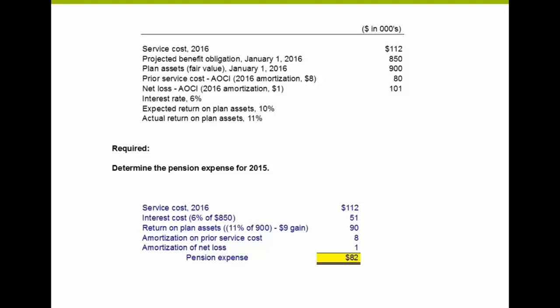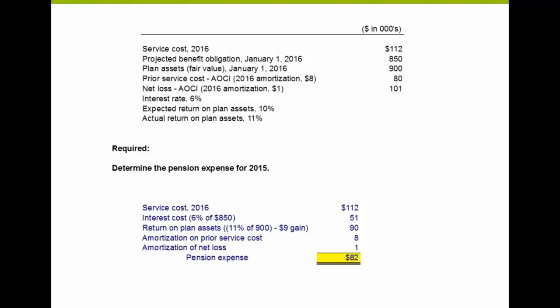So let's just walk through this. We know the service cost is given. It's $112,000. The interest cost is 6%. That's the discount rate that's being used, and this is 6% of the projected benefit obligation, which is $850,000.